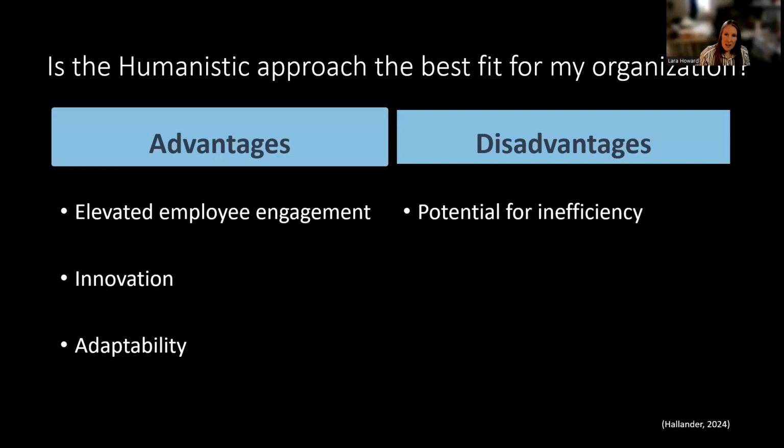Placing excessive emphasis on employee well-being without maintaining a balance of oversight can result in decreased operational efficiency and productivity. In larger hierarchical organizations, adopting a humanistic management approach can present challenges due to its focus on individual empowerment and decision making.